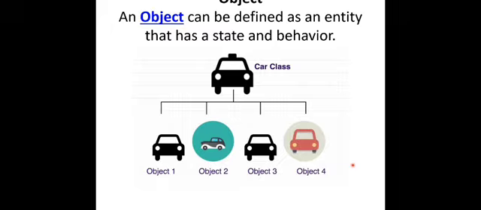For example, our class name is car. It has different types of cars, that means different colors, different models and different shapes. These are the objects.